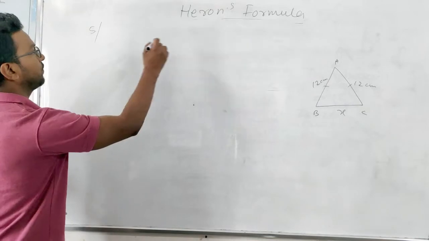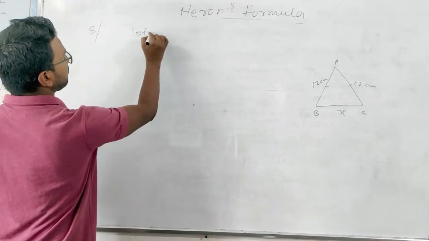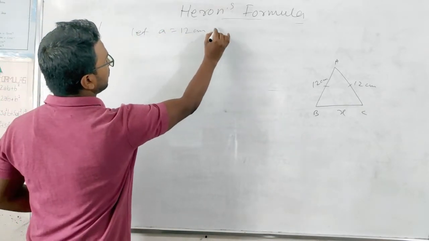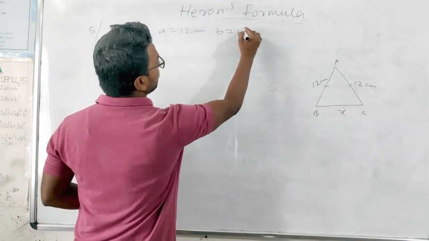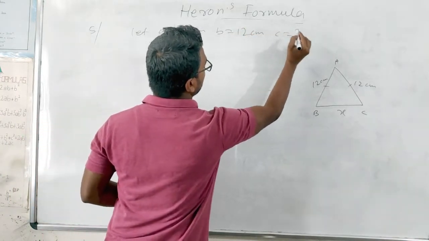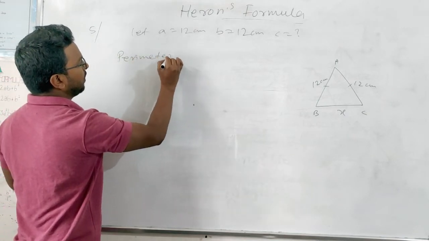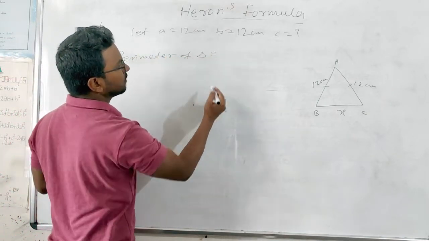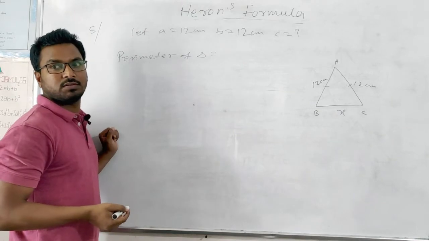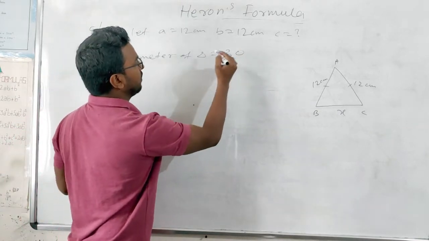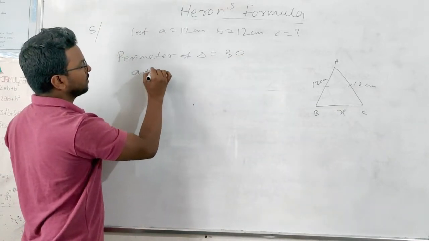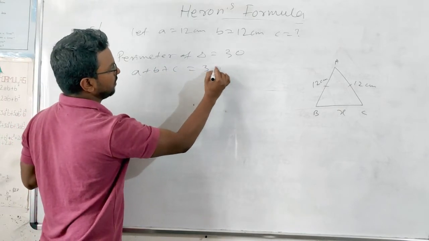This is 12, this is 12. The other one we don't know. We'll take x. Okay. So first we will find, let A is 12 centimeter. B is also 12 centimeter. C we don't know. So perimeter of triangle is given how much? 30. So perimeter means A plus B plus C equals to 30.